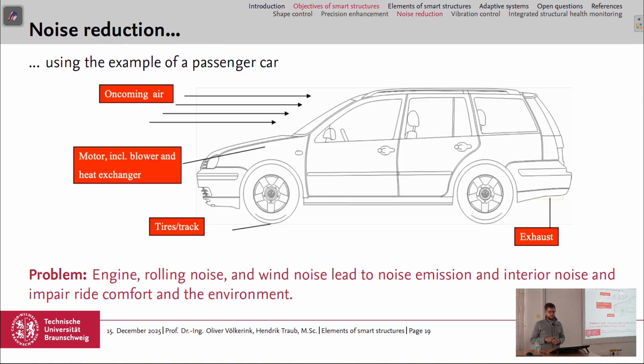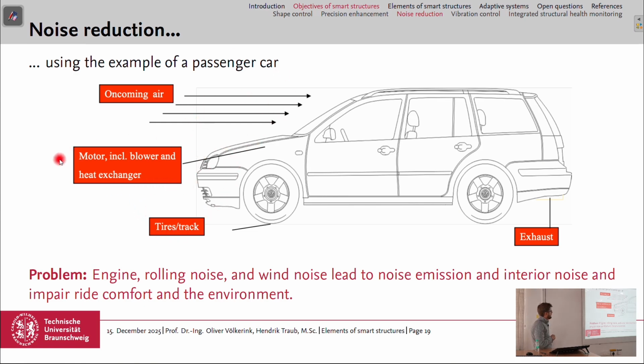Then we move over to noise reduction, also a field of smart structures, using the example of a passenger car. You have several sources of noise for the interior, for the passengers. You have the oncoming air.